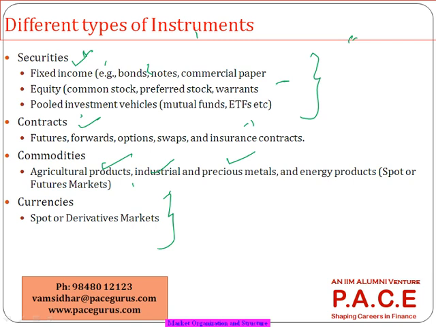Even for them, you can buy in the spot market or in the futures market. You go to any dealer, he'll give you dollars immediately for the rupee, that is the spot market. Or you can enter into a forex foreign exchange deal and buy after 1 month, but fix the deal today itself. That's like a forward market.